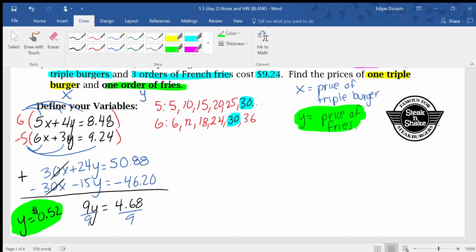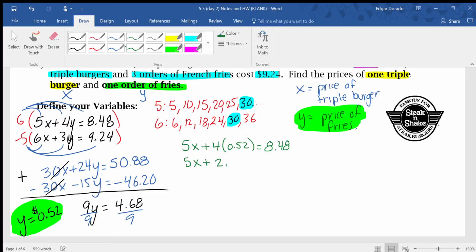Okay, next part is to go ahead and substitute that 52 cents into one of the original equations. I'm going to go ahead and use the top one. So what do I get? I get 5x plus 4 times 0.52 equals 8.48. So this is 5x plus, let's multiply that on your calculator.